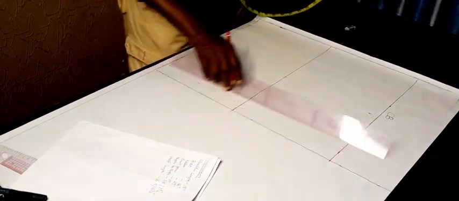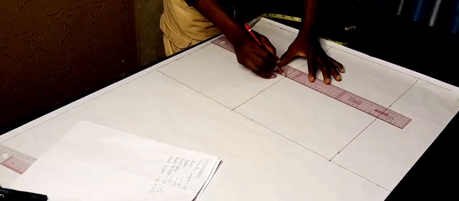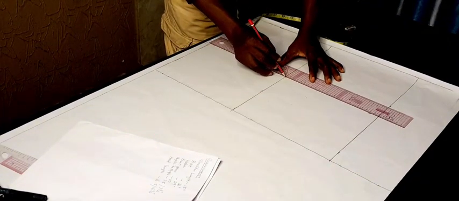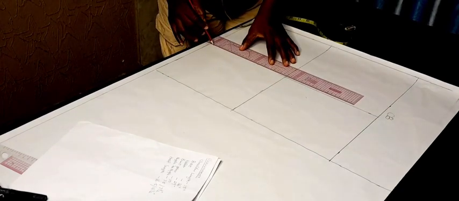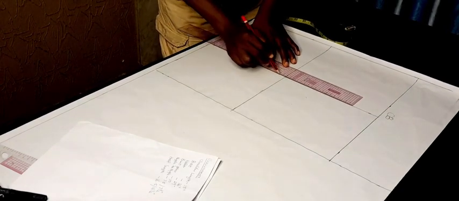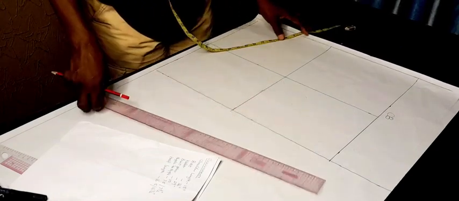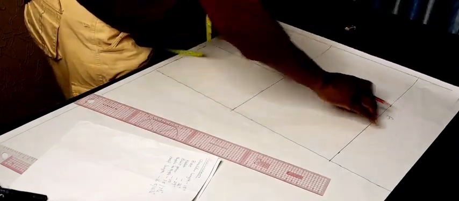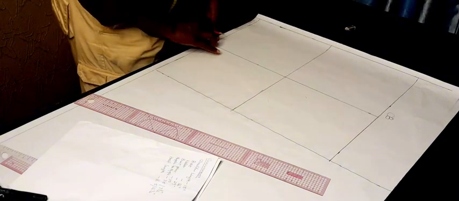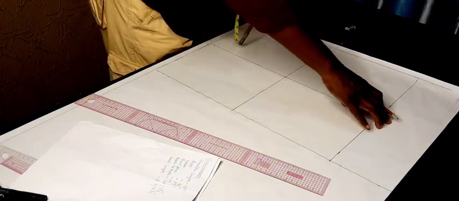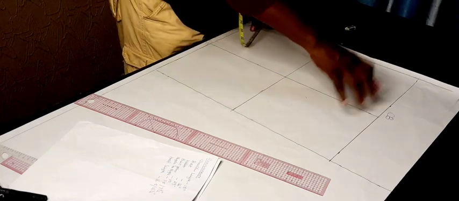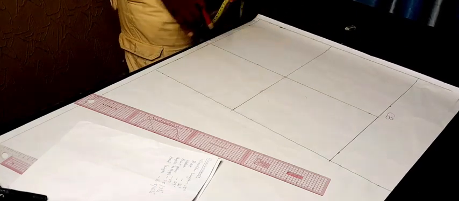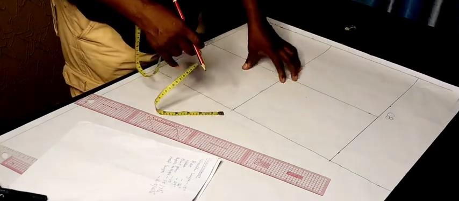And I'll connect it. So this is my chest line here. This is my chest line. It is also known as the arm side line or arm side. That is where we're going to measure our bust circumference. That's where we're going to put our bust measurement.